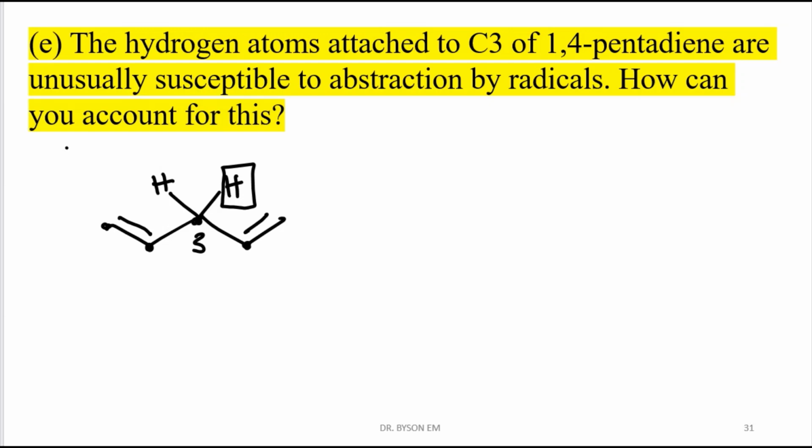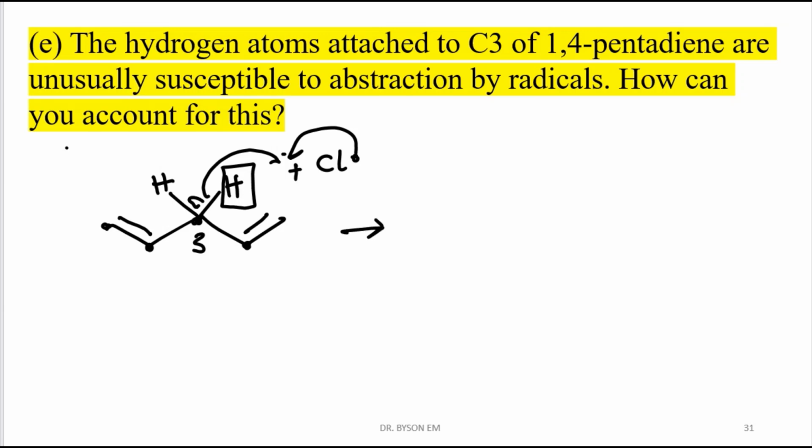These are allylic hydrogens. So when they are abstracted, when they are removed, they result in the formation of secondary allylic radicals, which are very stable. So they form very stable radicals. So if you remove this, say you react this with a chlorine radical here, this will contribute one, the other one will go here.